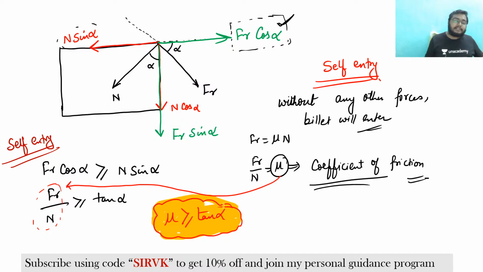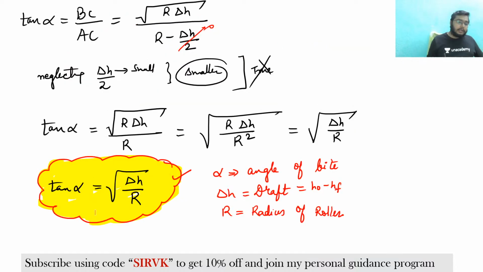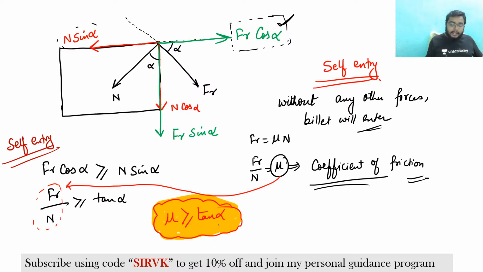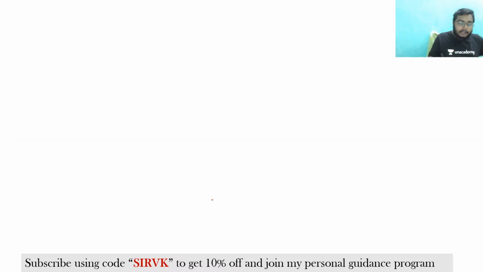Just now we have derived some formula. What is that formula? Let's have a look. Have we derived this? Tan alpha is equal to root over delta h by r. Okay, so let's use this formula. This is mu is greater than or equal to tan alpha. So can I write that mu is greater than or equal to tan alpha, which is equal to root over delta h by r, right?